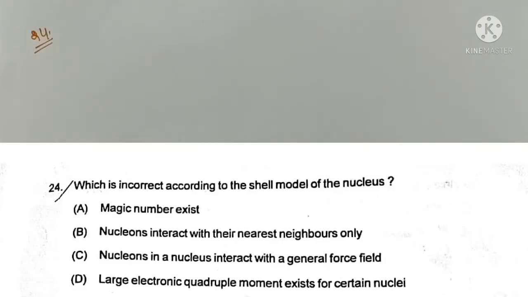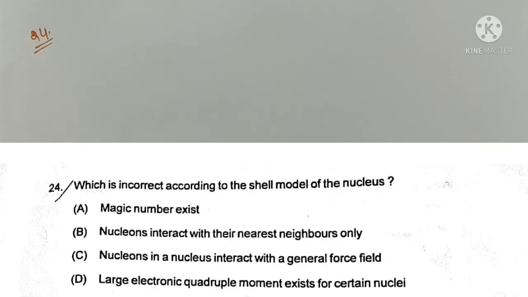Question number 24. Which is incorrect according to the shell model of the nucleus? So check all the options once. Magic numbers exist, that is correct. Now option D, large electric quadrupole moment exists for certain nuclei, that is also correct.